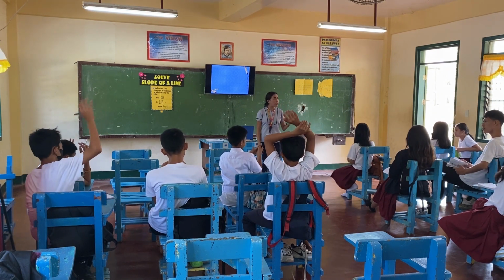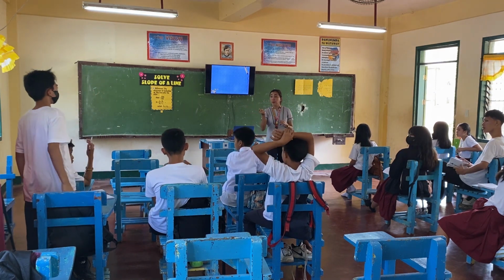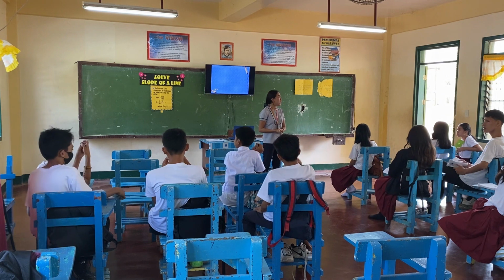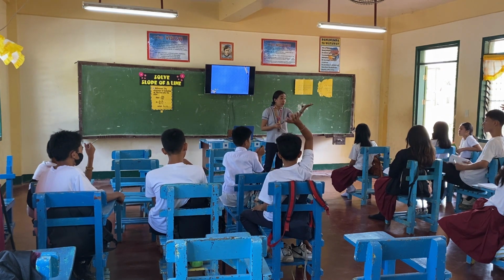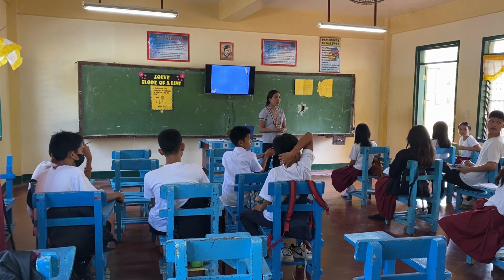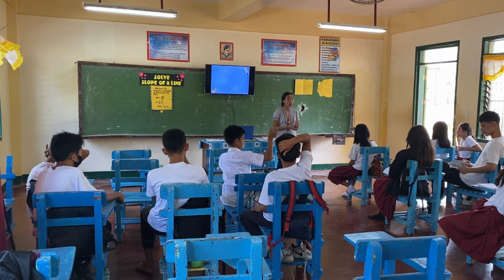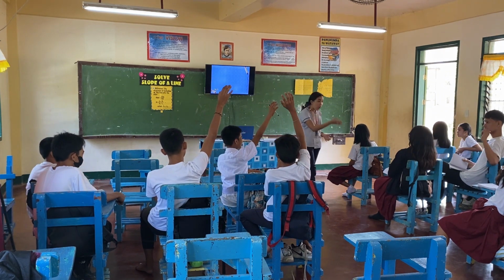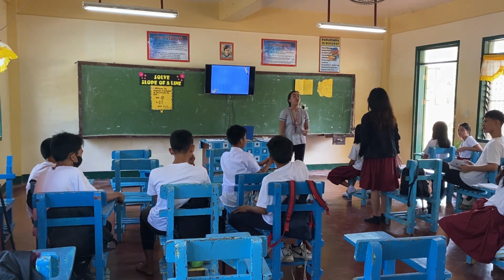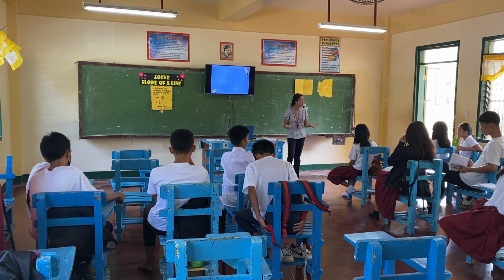How about if our slope is negative? Downhill. Very good. If our slope is 0, what is our graph? Horizontal. Correct. If our slope is undefined, what is our graph, Marian? Vertical. Okay, very good.